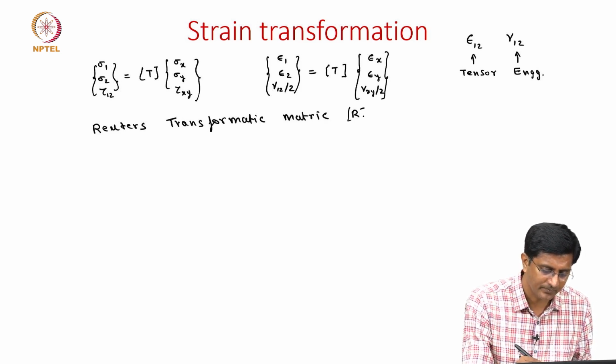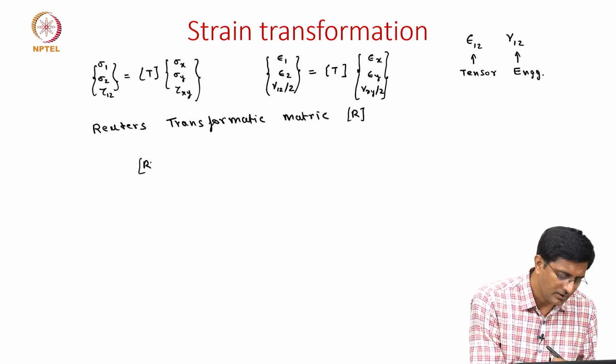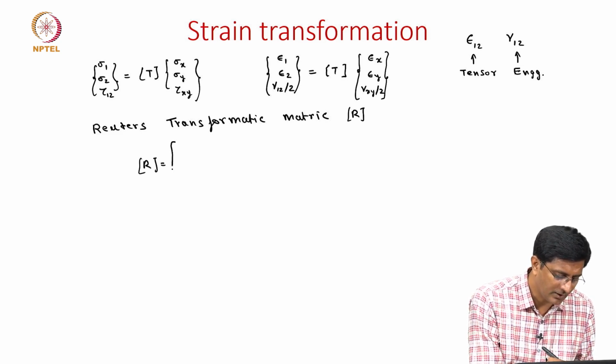Represented by R, the way it is defined is, you again have a 3 by 3 matrix with the diagonal terms 1, 1, 2 and the rest all zeros.